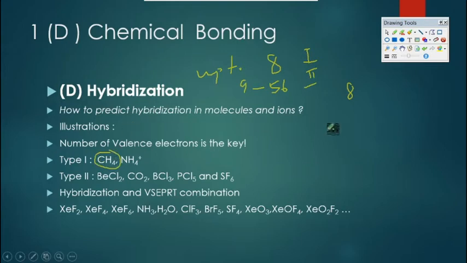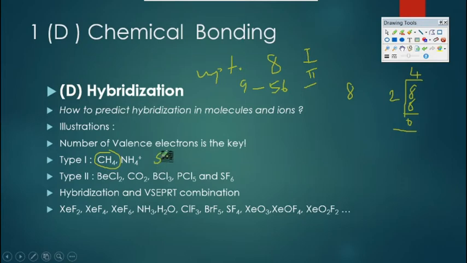So in the methane molecule, 8 electrons are there. The procedure is that 8 should be divided by 2. We have the quotient 4 and there is no remainder at all. This quotient gives the number of hybrid orbitals. 4 hybrid orbitals are obtained in sp3.